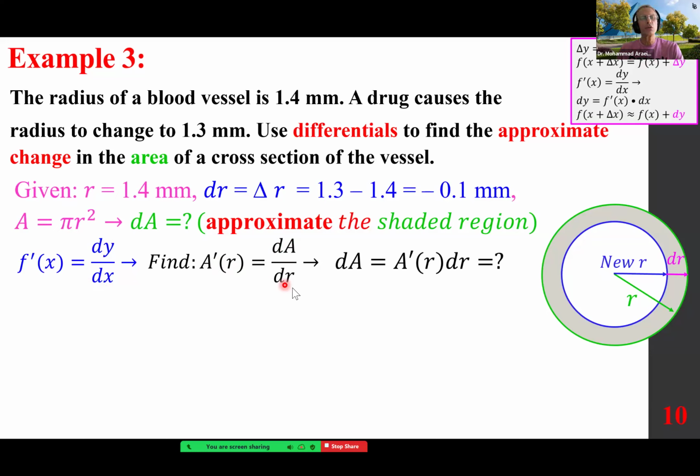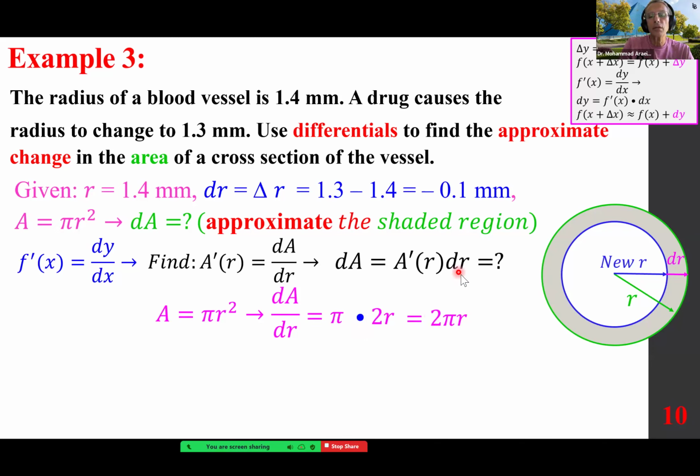So we are going to use A equals pi r squared to differentiate first to find A prime of r or dA dr first, where pi is just a coefficient or a multiplier. Then r squared will result in 2r. Therefore, dA dr is 2 pi r. What is dA?